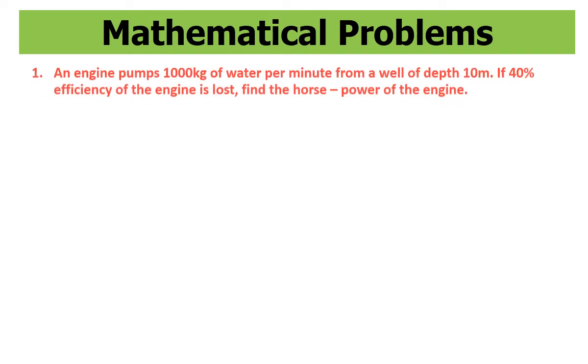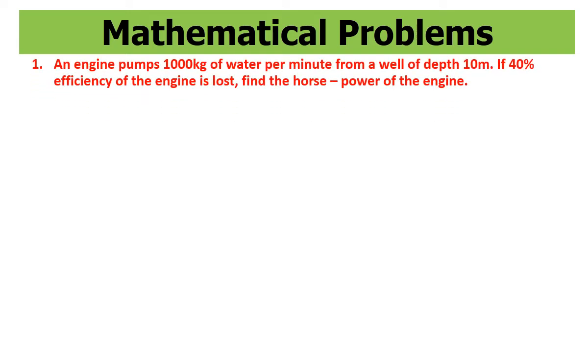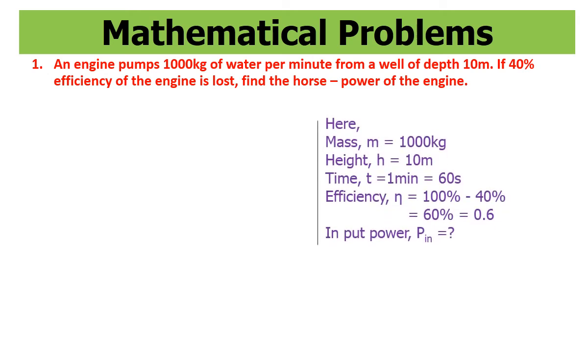The first problem is, an electric pump lifts 1000 kg of water per minute from a well of depth 10 meter. If 40% efficiency of an engine is lost, then find the horsepower of the engine. That means we have to calculate the power of the engine in horsepower unit. So let us see the given quantities.